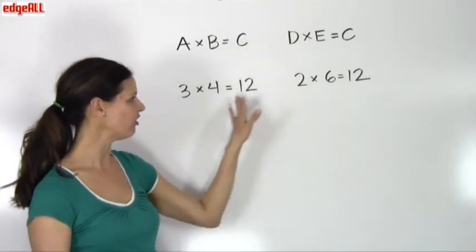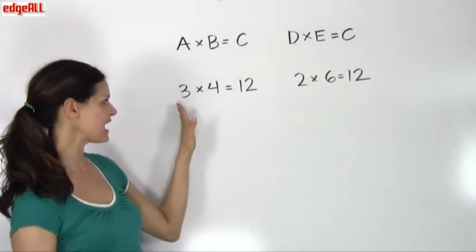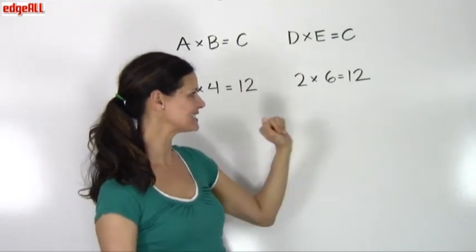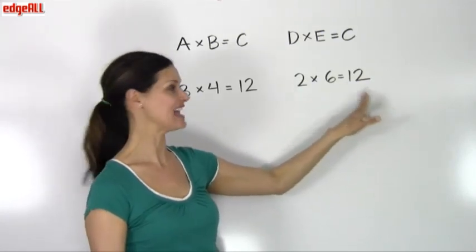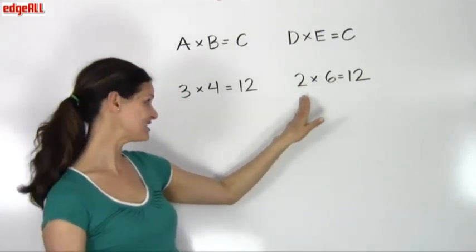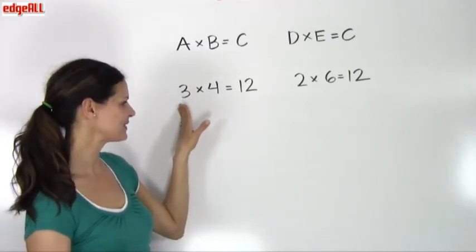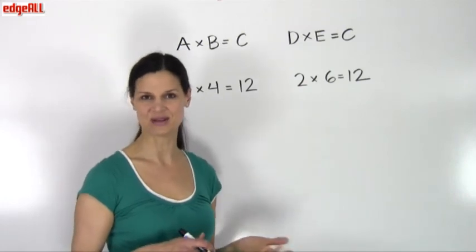So 12 is a common multiple of 3, 4, 2, and 6. Also, 12 is divisible by 6, and 2, and 4, and 3. You can find common multiples amongst 3 numbers as well.